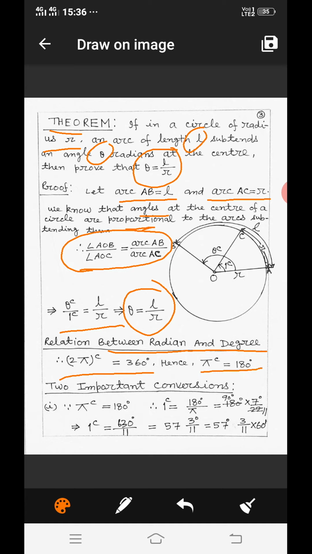Now we discuss two important conversions.